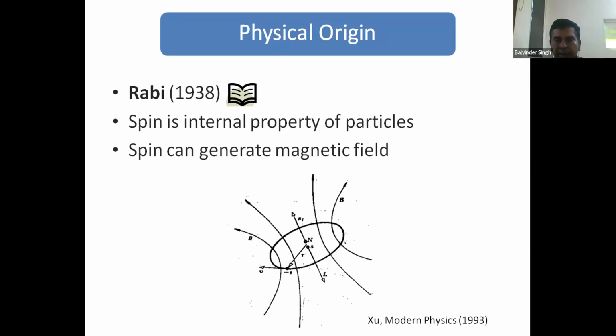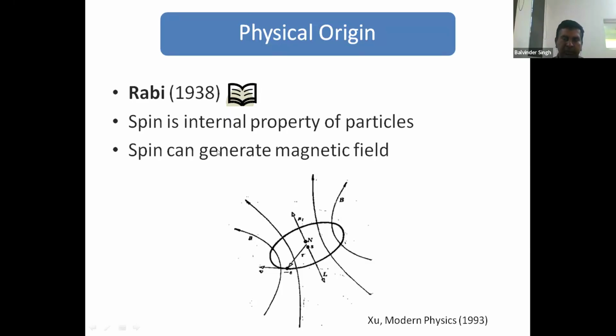It is an internal property of the particles. For example, with an electron, when the electron revolves or moves in the atom, it generates a magnetic field.